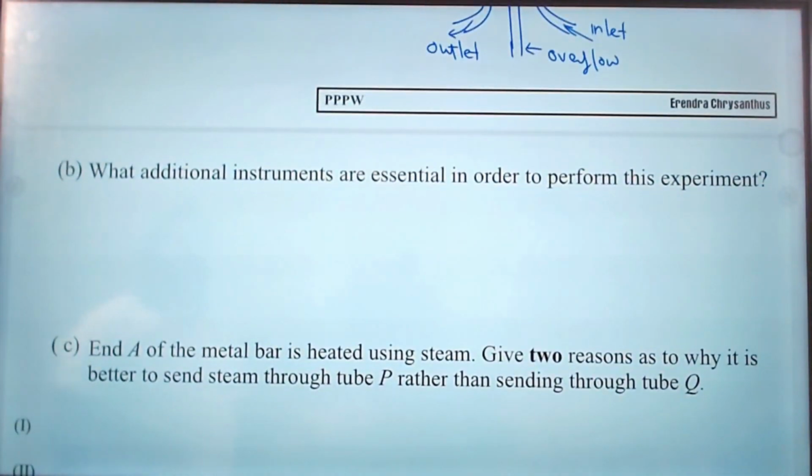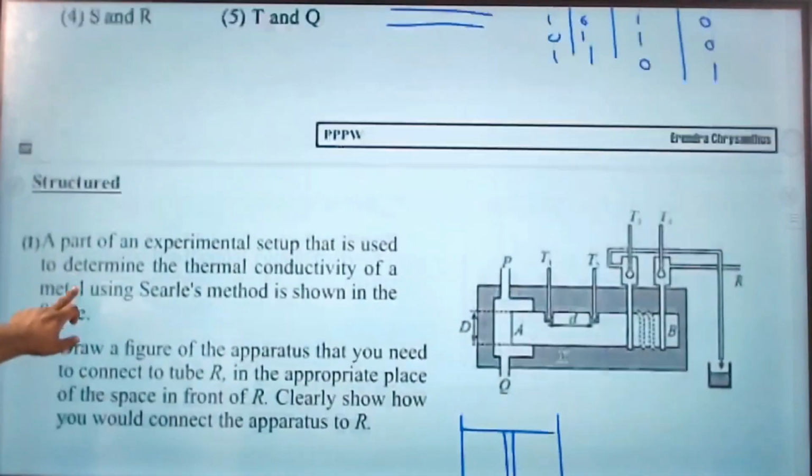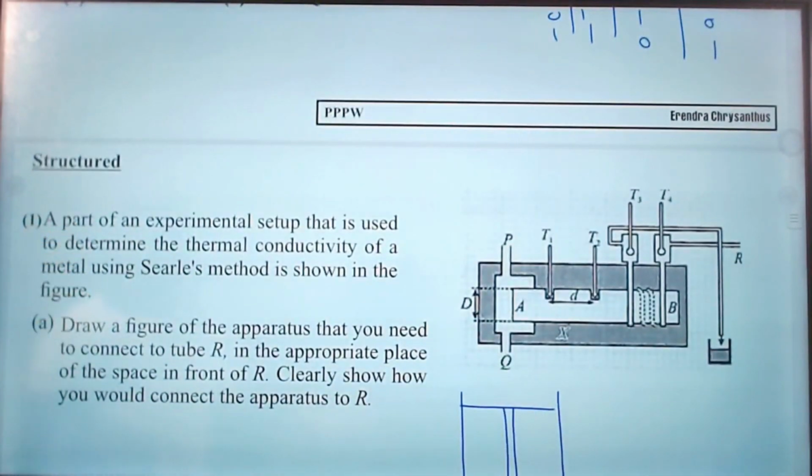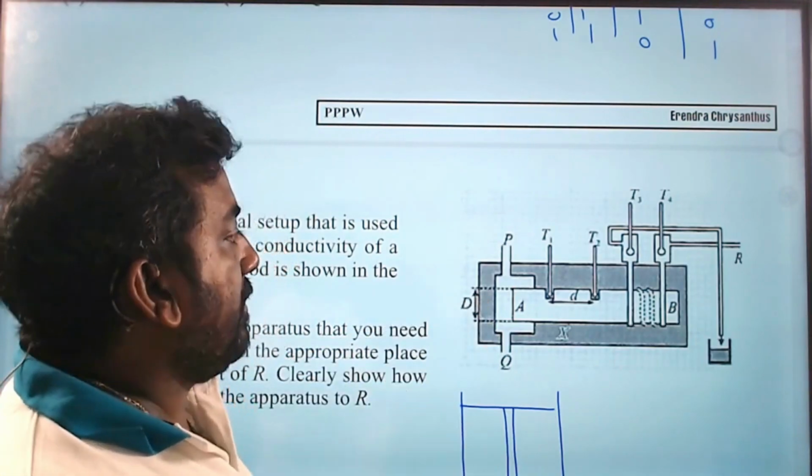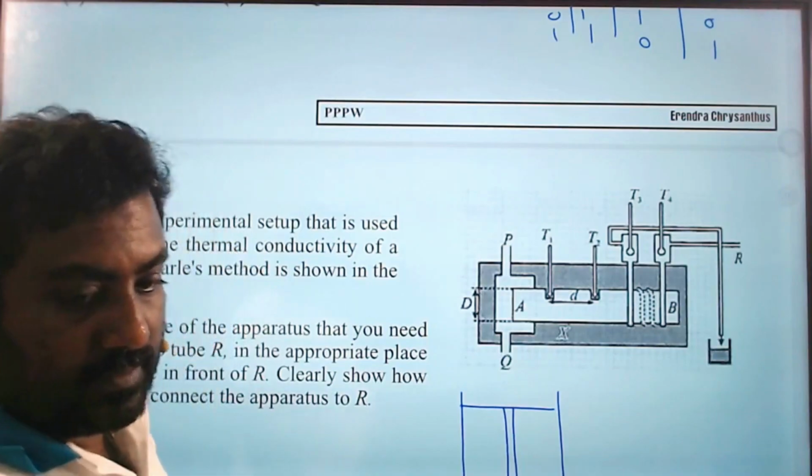What additional instruments are essential in order to perform this experiment? So you will need a vernier caliper. You will need water. Stopwatch.